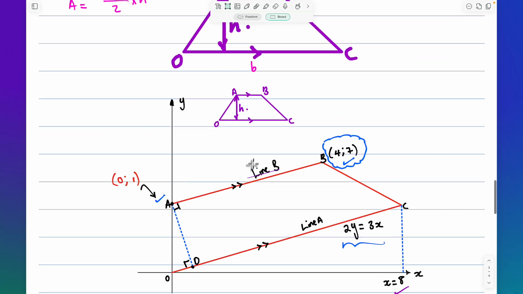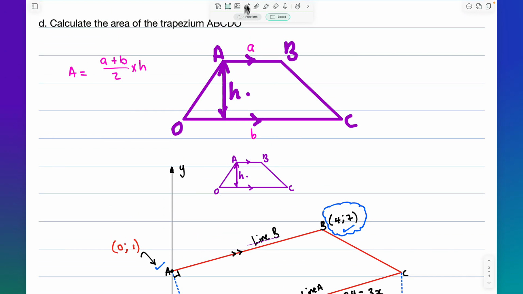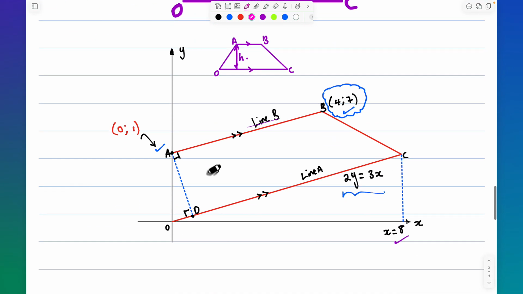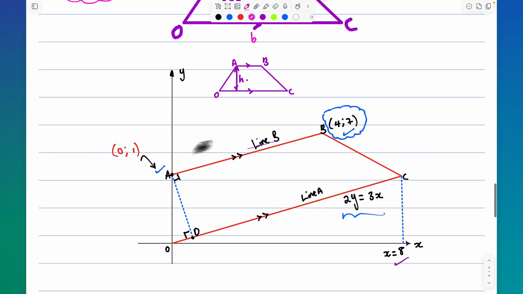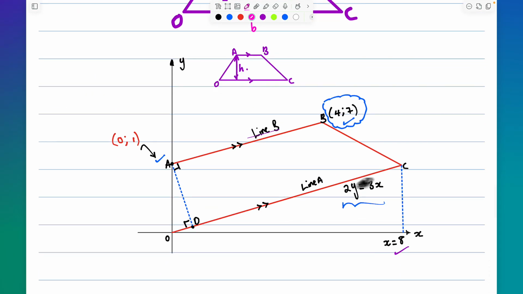Okay, so remember we're following this equation over here. Our parallel lines A and B are line AB and line OC.